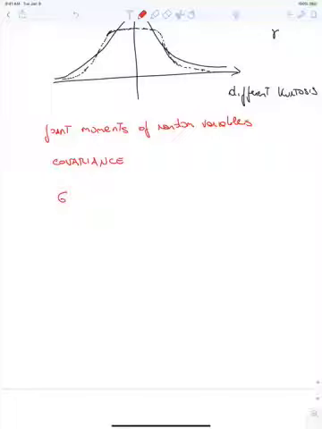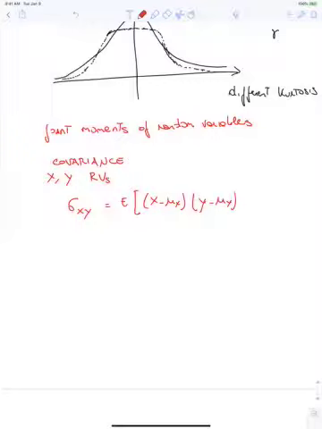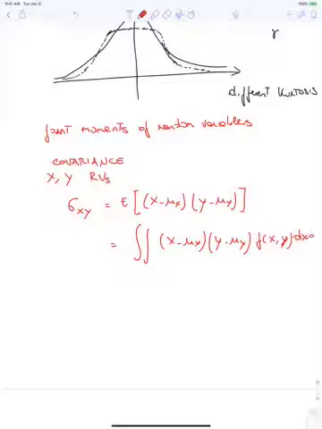Now I'm going to give you the definition. So we have two random variables, x and y, and then the covariance, we still use the symbol sigma, but in this case it's sigma subscript x and y. Well, this is simply the expectation of the random variable x minus its mean times the random variable y minus its mean. So this is the double integral of x minus mu x times y minus mu y times the joint distribution f of x, y in dx dy.